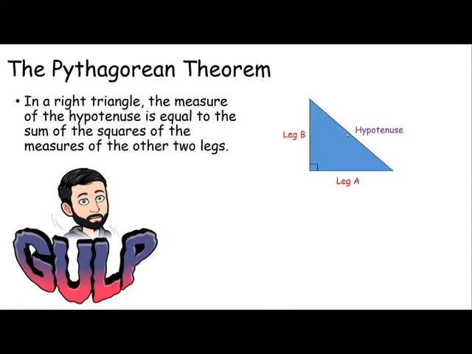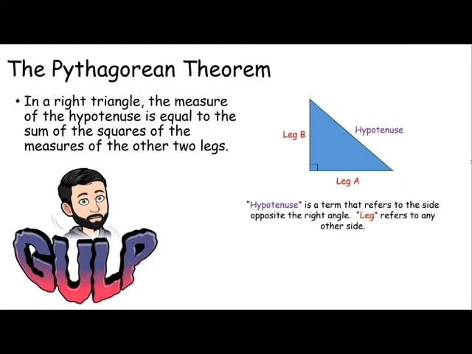The other two sides in a right triangle are referred to as legs. Notice that your two legs are the two sides that touch the right angle, or that meet to form the right angle, and then their other endpoint is along the hypotenuse. It does not really matter which one you call leg A and leg B. That's purely arbitrary. It's simply meant to indicate that they are not the hypotenuse.